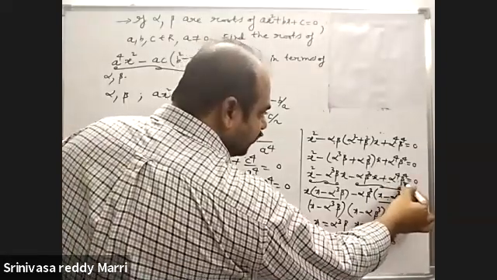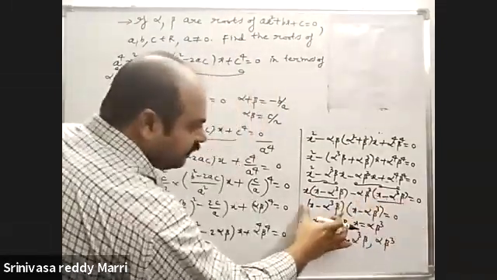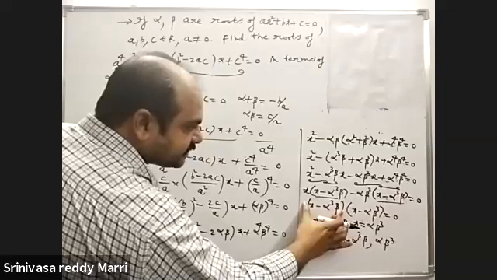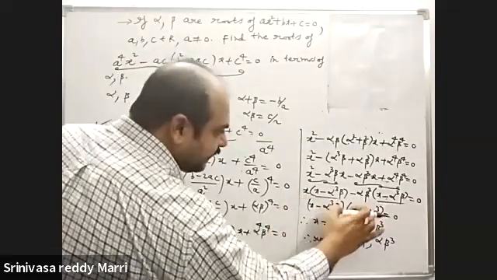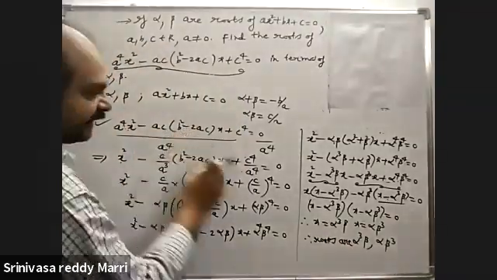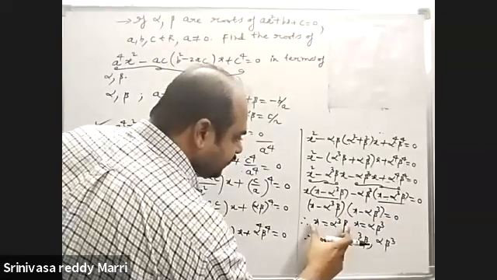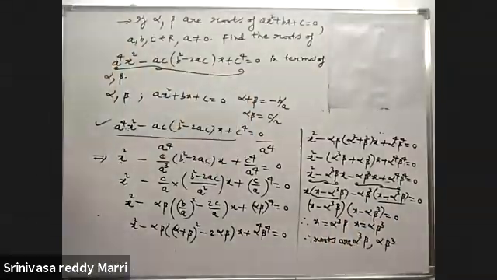Beta cube I have taken common, beta will be remaining. In these two, again one factor is common: x minus alpha cube beta is common. You will get x minus alpha beta cube equal to 0. Now this is factorized into x minus this, x minus this. So therefore the roots are alpha cube beta and alpha beta cube.